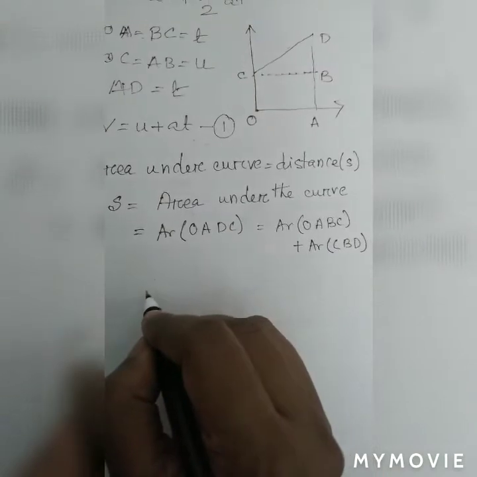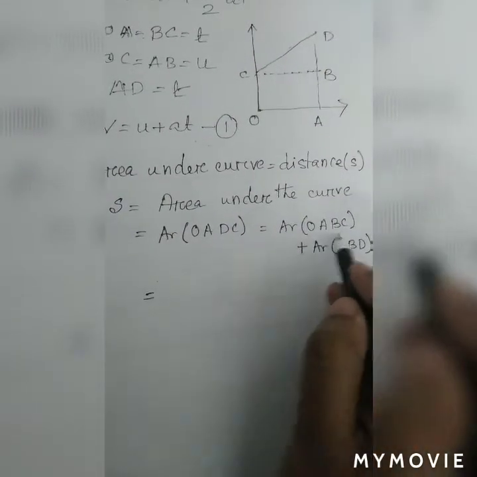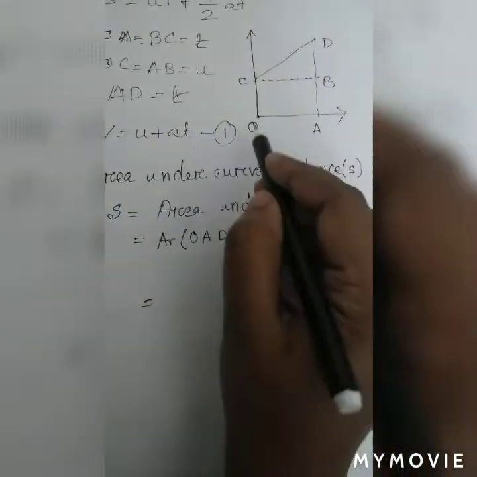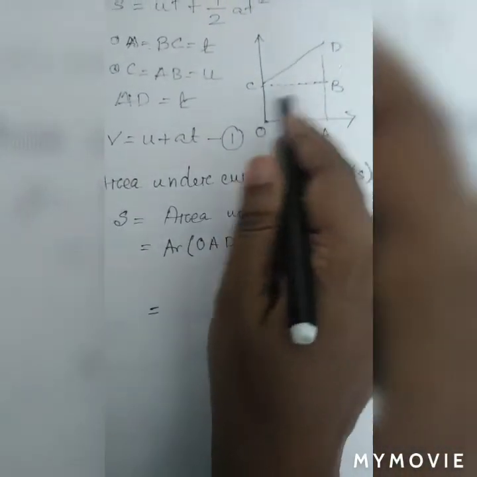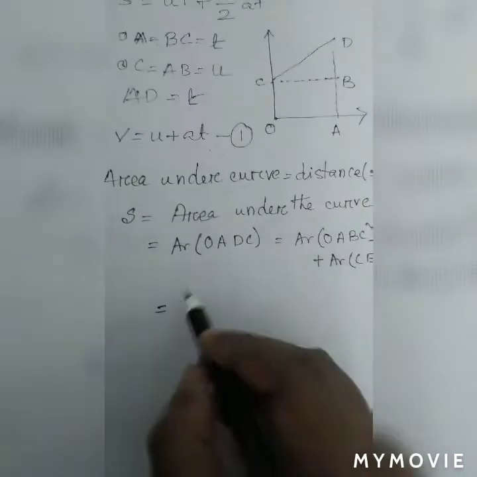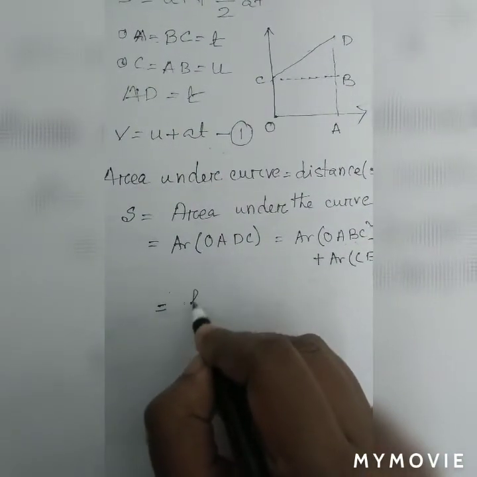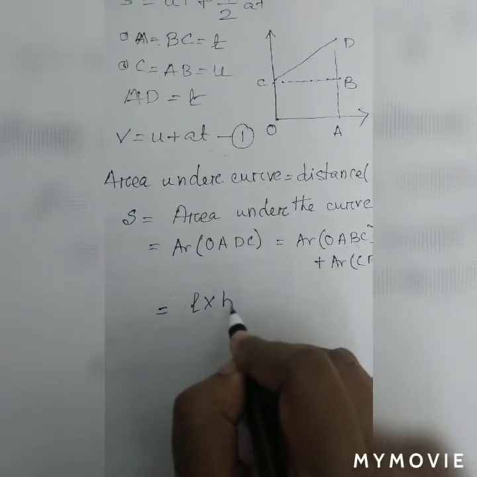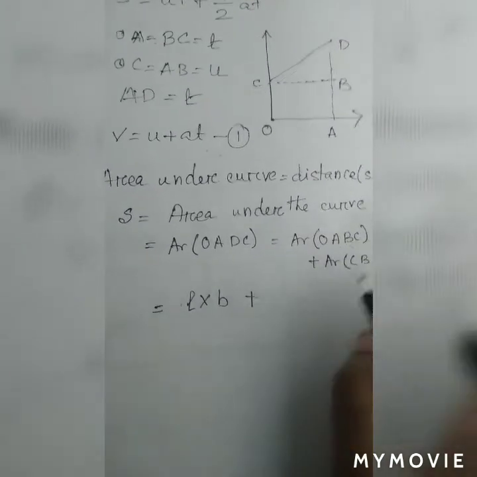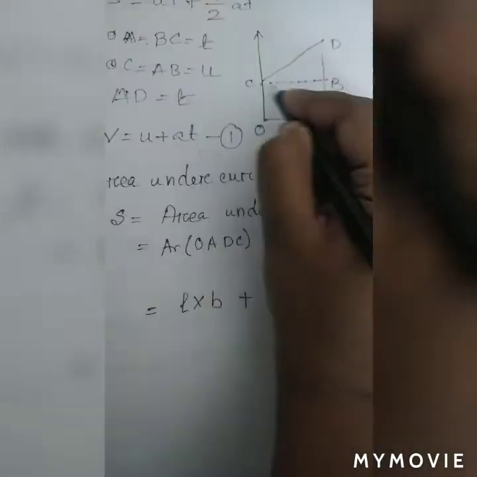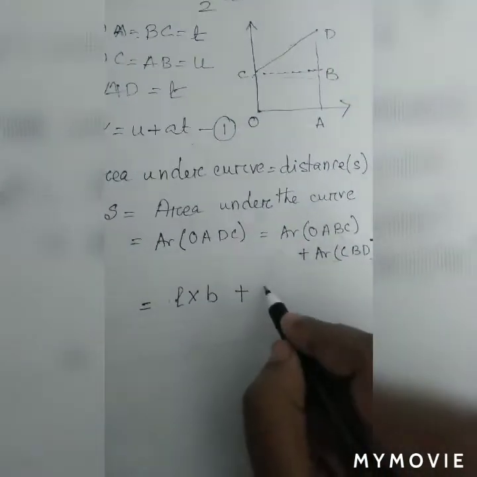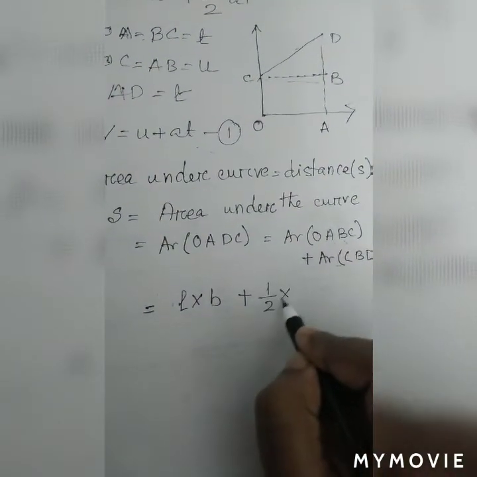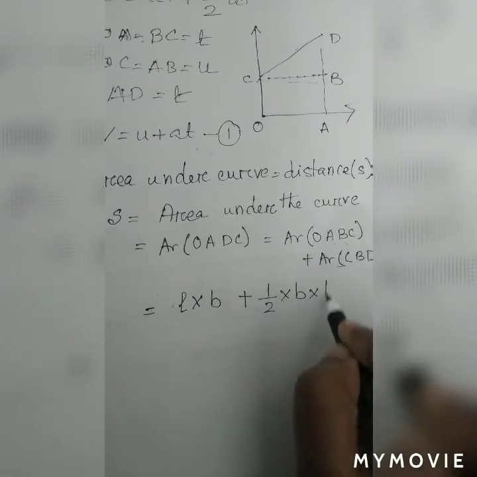Now, to find the area of OABC, OABC is a rectangle. So, area of rectangle is length into breadth plus, what is the area of a triangle? Half into base into height.